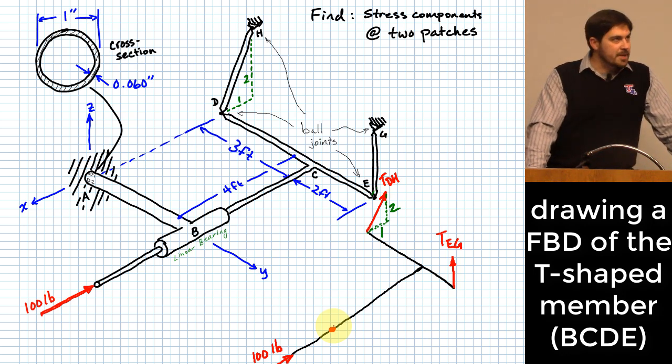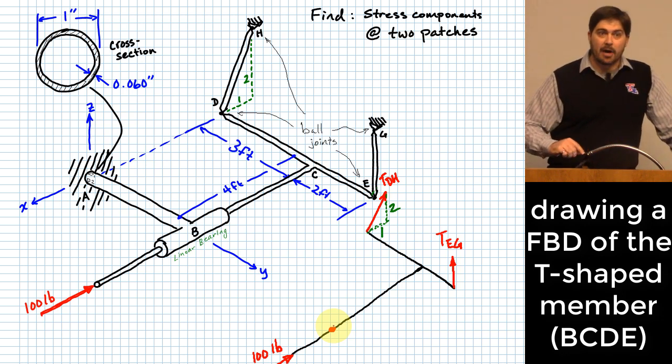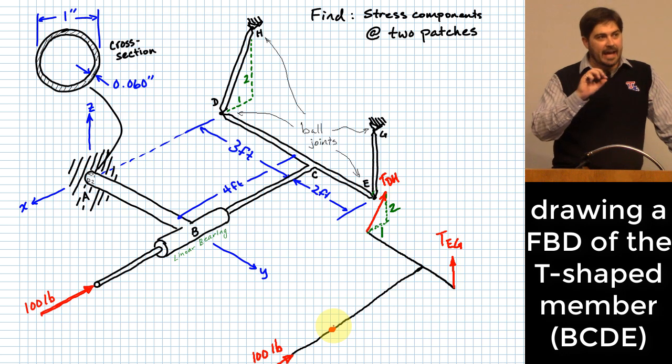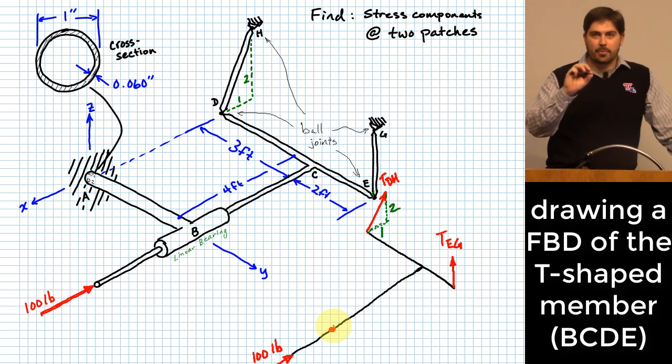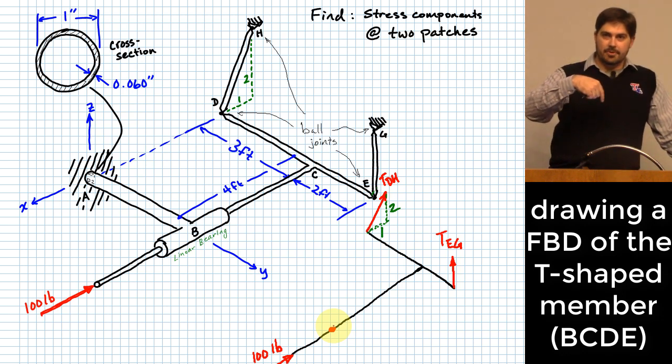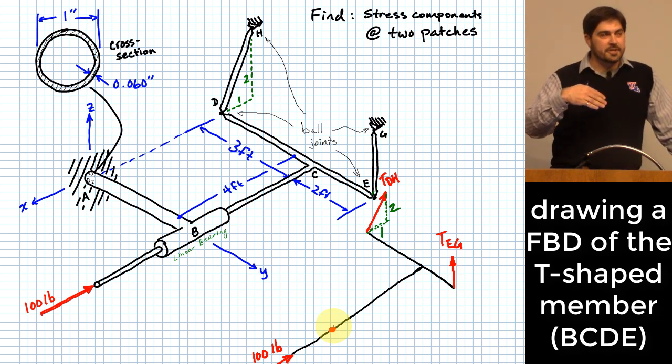Sometimes the best way for us to deal with this is to look at what directions it allows movement. Because any direction it allows movement, it will not have a reaction. Any direction it does not allow movement, it will have a reaction. So what directions does it allow movement? Along the x direction linearly.